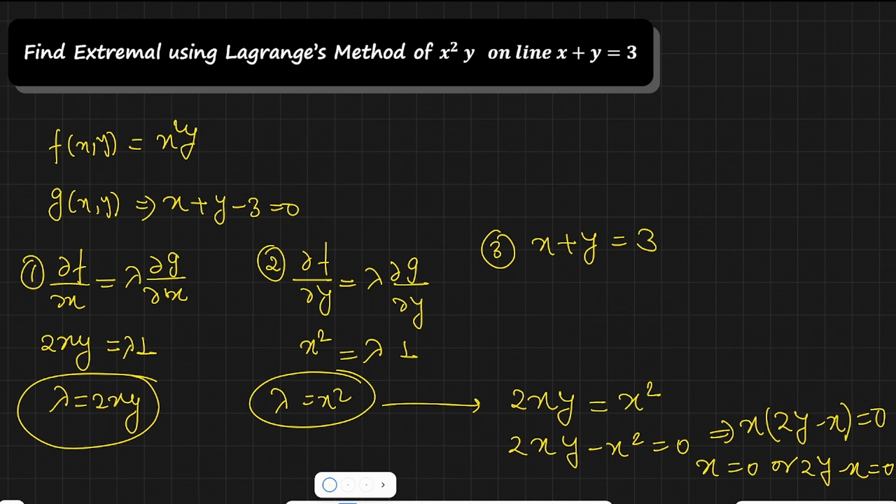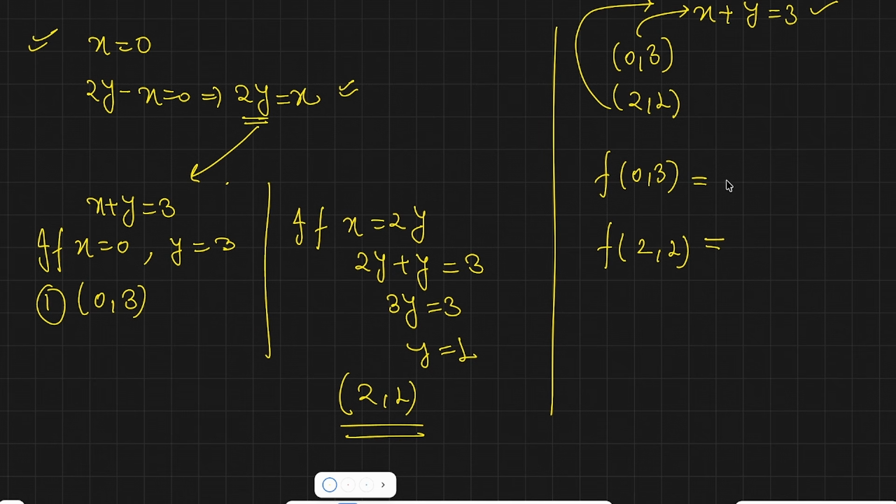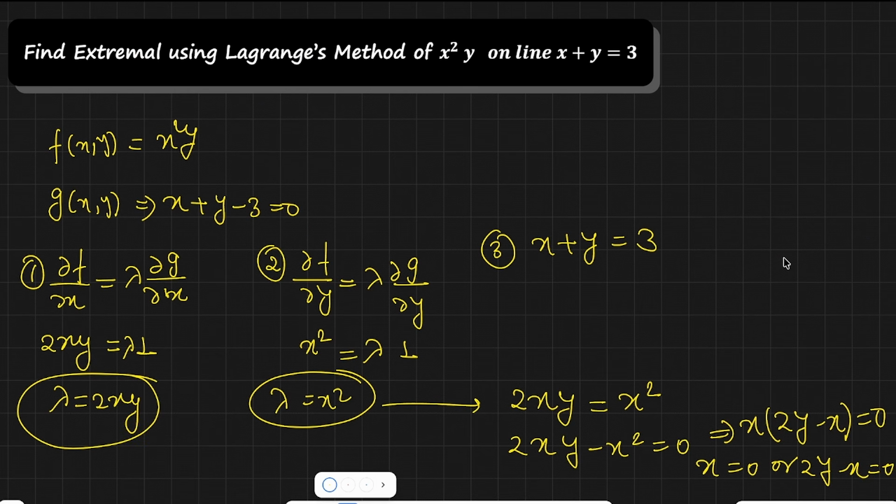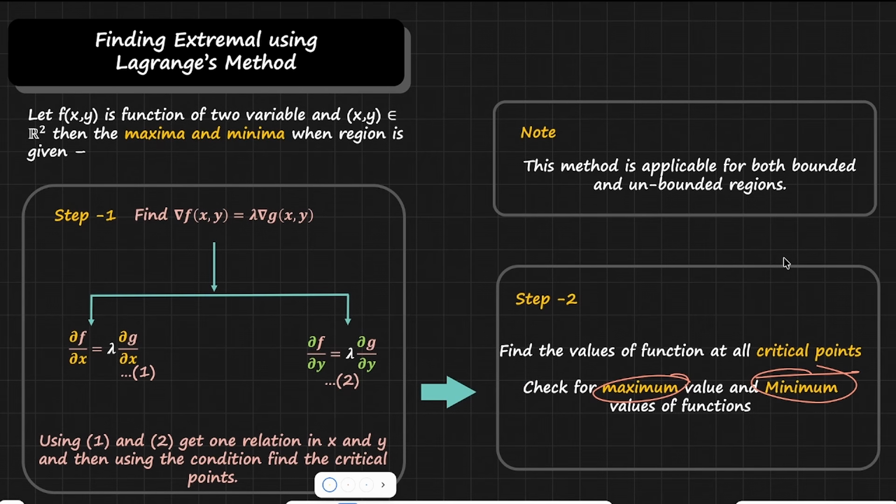Your function is x square into y. So 0 square into y is 0, and 2 square into 1 is 4. So this is your minimum and this is your maximum. This is how you can solve maximum and minimum problems using Lagrange's multiplier method.